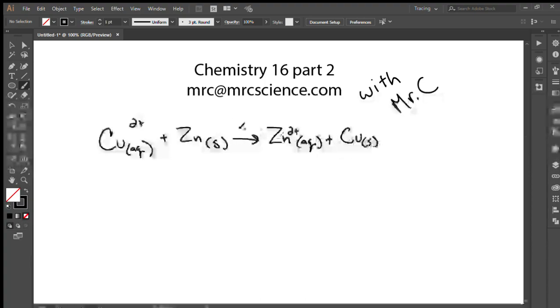Basically what this says is they take a solution of copper 2+ ions, they drop a piece of solid zinc in there, and you're going to end up with zinc 2+ ions, and you're going to precipitate out copper.